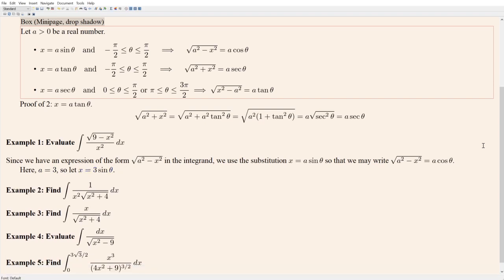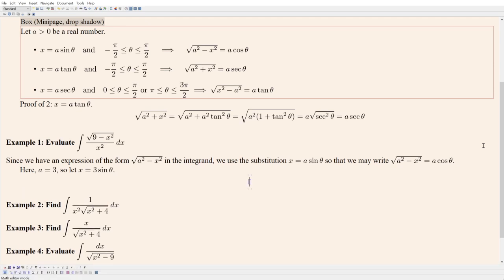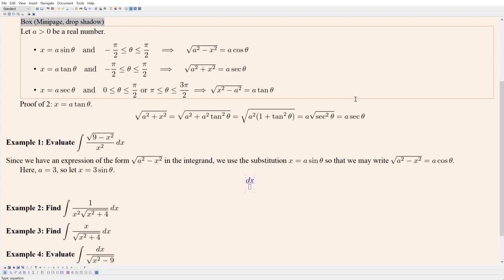Now, anytime you do a substitution, remember when we were doing u substitutions, every time you introduce a substitution, you then have to take the derivative because you need to get the d terms out of it. Same deal here. x is equal to 3 sine theta, so we differentiate that to get dx d theta is equal to, the derivative of sine is just cosine.